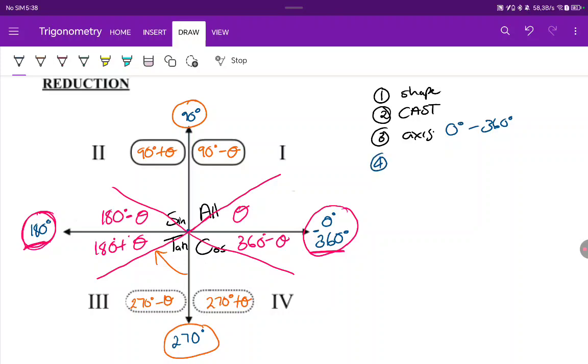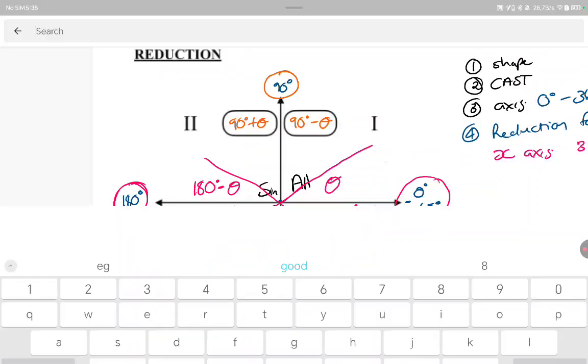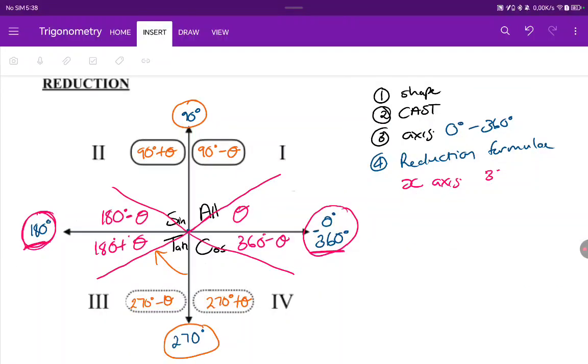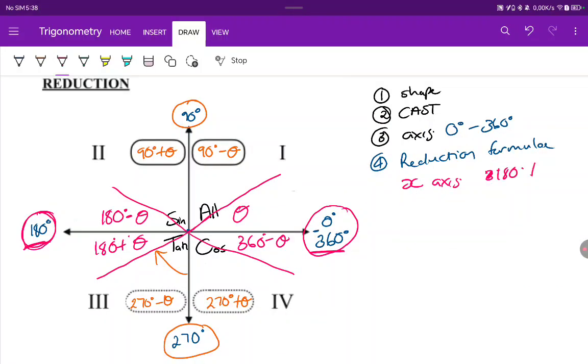The fourth thing that we now did was our reduction formula, and we looked at the x-axis, which is our 180 and 360, and then we also did our y-axis, which is going to be 90 and 270 degrees. Okay, so far so good.